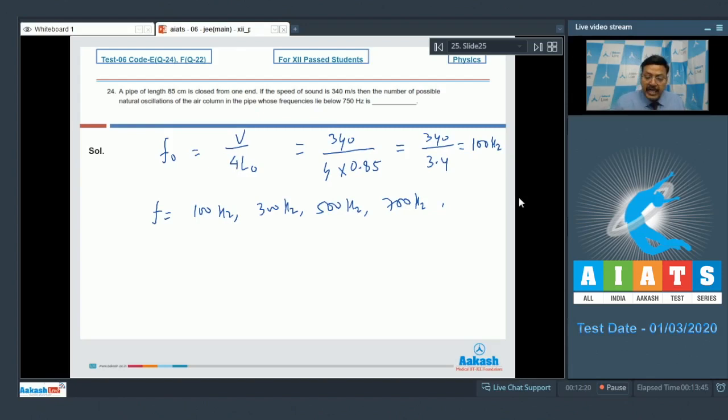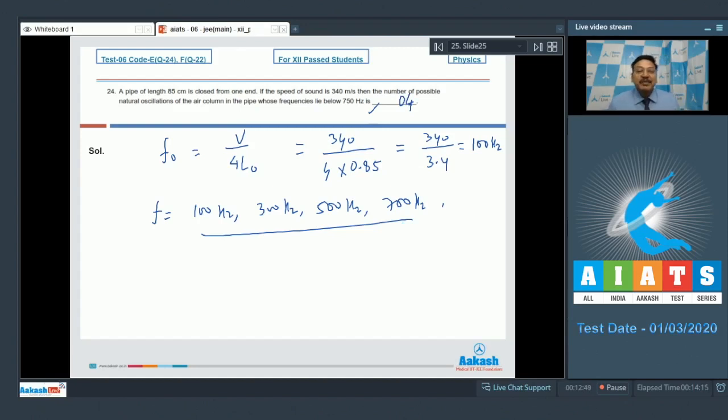But we have to look at frequencies which are less than 750 Hertz. So these are the 4 frequencies which are less than 750 Hertz, right? So the number of possible natural oscillations is 4, which correspond to frequencies 100 Hertz, 300 Hertz, 500 Hertz and 700 Hertz. So the answer to question 24 is 04.